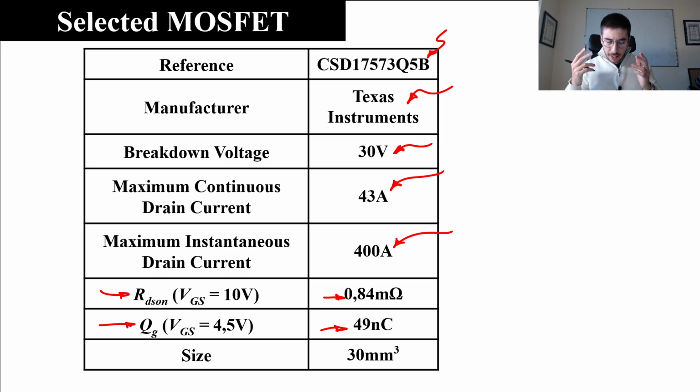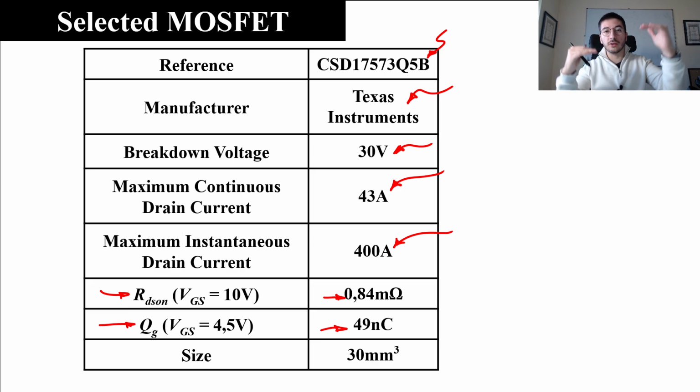Okay, and we have to take into account one important thing, and that is that in general, in the MOSFET, we have a trade-off between conduction and switching losses, because if we consider a MOSFET with low on resistance, in general, the total gate charge will be high, and if we choose a MOSFET with low total gate charge, the on resistance will be high.